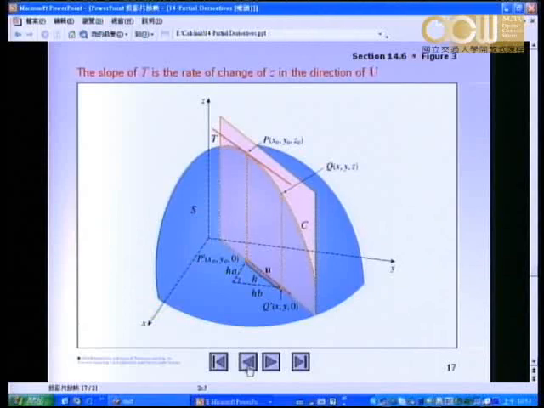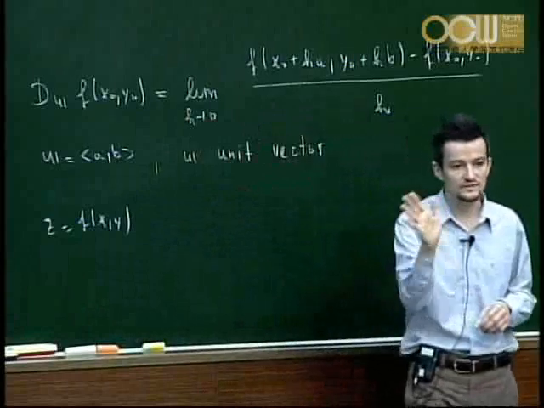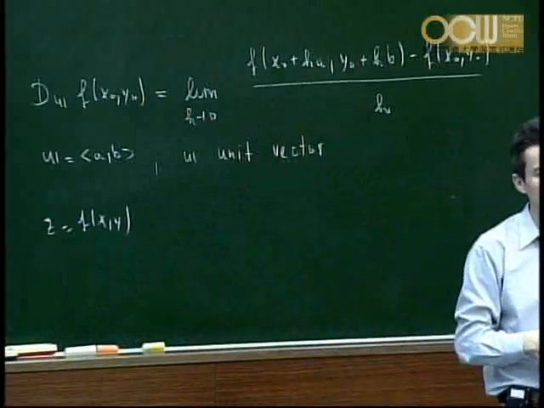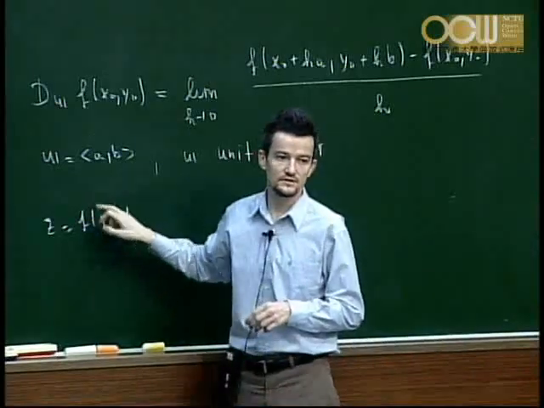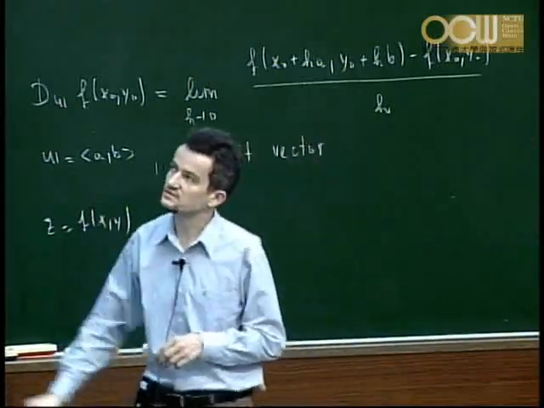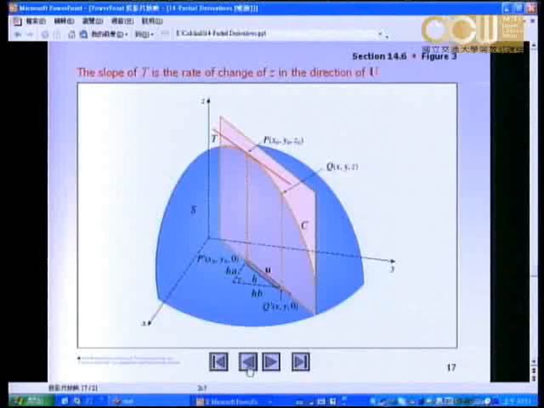Now, why do I need that u is a unit vector? Because actually I'm just interested in the direction, so it doesn't seem really important that u is a unit vector. The reason is that I want to compute the slope of the tangent. How can I compute this slope? The usual approach is I fix another point on the curve C, call it Q, and then you project those two points down.